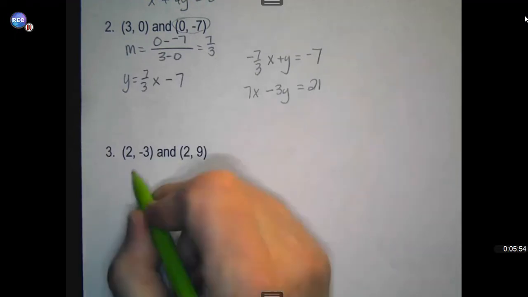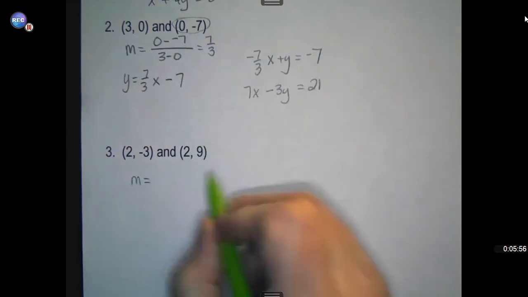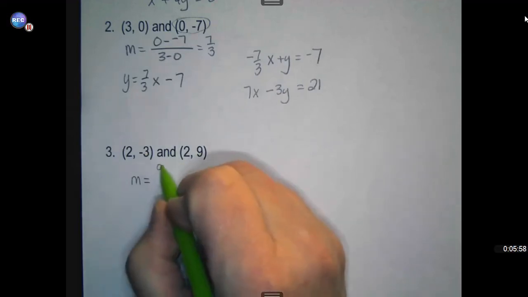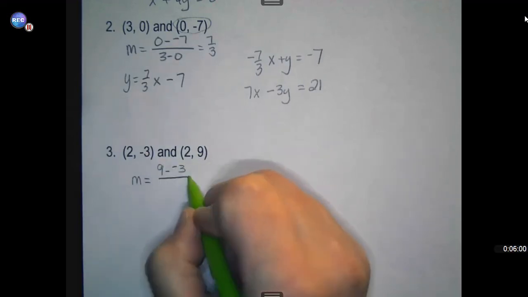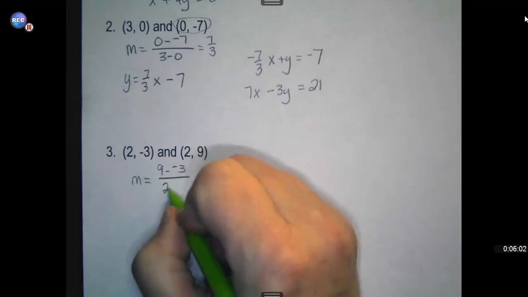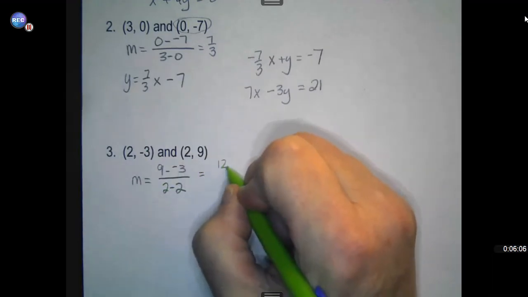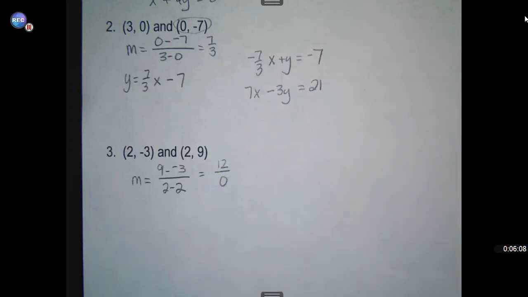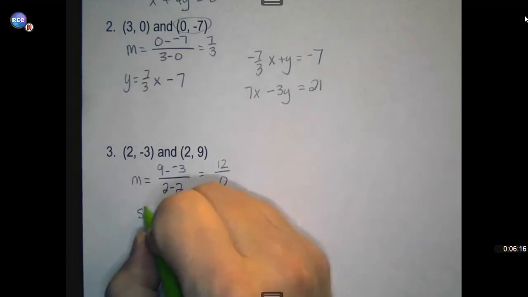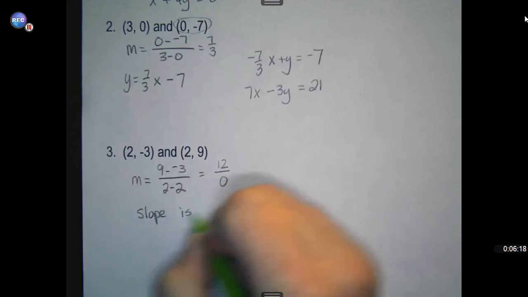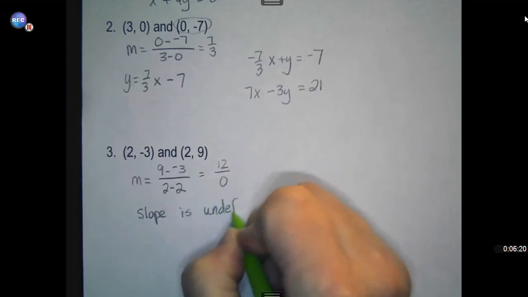So we have to find the slope, and so I'm going to do 9 minus -3 over 2 minus 2, and I get 12 over 0. Uh-oh, can't have 12 over 0. Division by 0 is undefined, so the slope of this line is undefined.